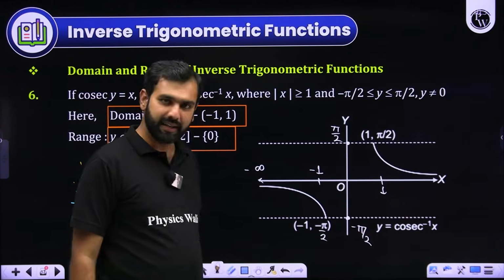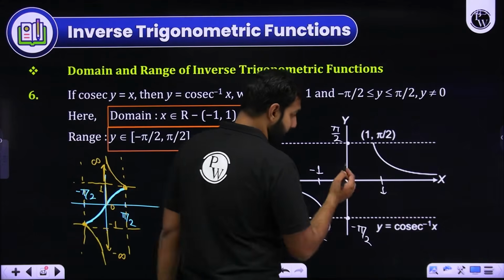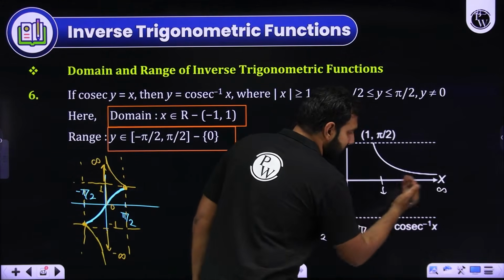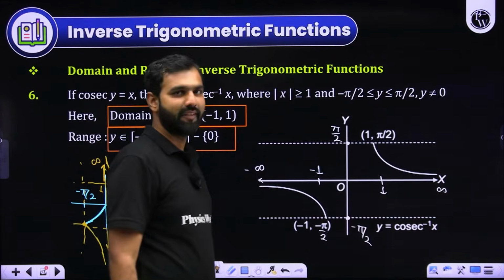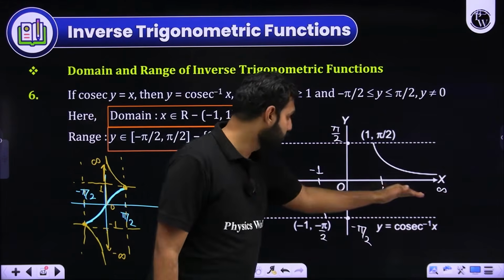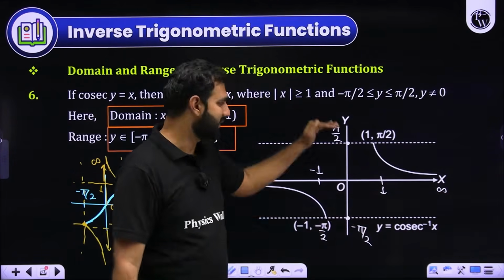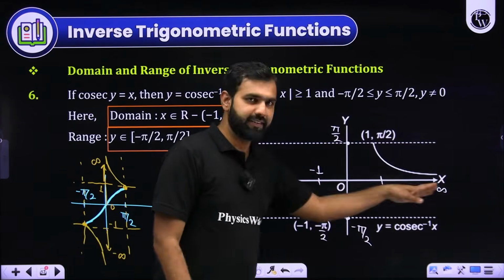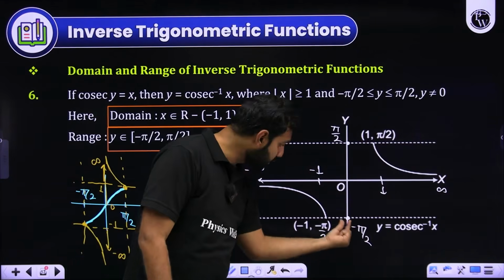Then at 0 it breaks. Then from 1 to infinity, I'll be seeing the graph of cosec inverse x from pi by 2 to 0. I hope you can see it very clearly on the y-axis. It is clearly a decreasing function which discontinues at 0.